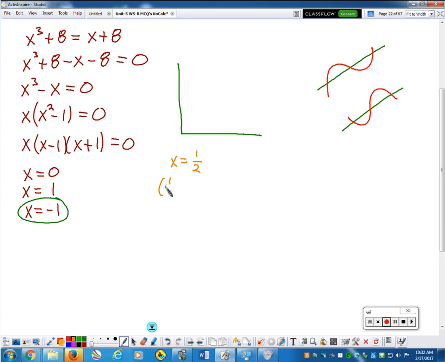So we get 1/2 cubed plus 8. Cubing something means to multiply by itself 3 times. So that's 1/8. So one of the curves has a point at 1/2, comma 8 1/8. The other curve is at where? 8 1/2.